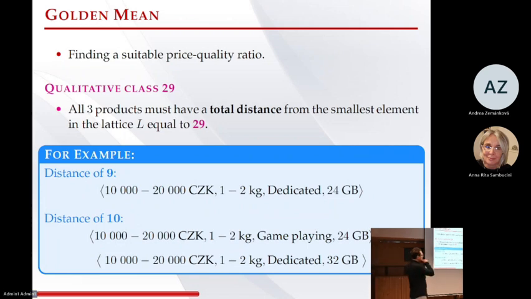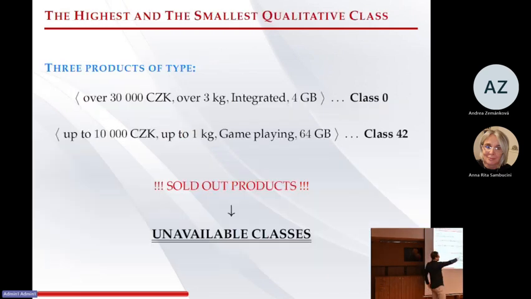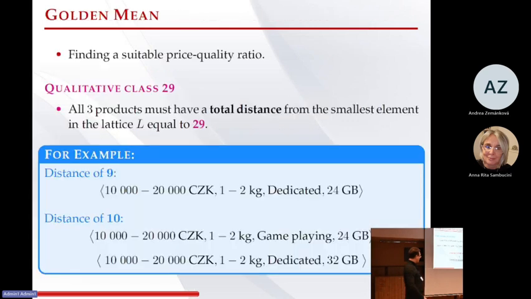Now we want to agree with the seller on the so-called golden mean. So this is a qualitative class between 0 and 42, which is good for us and good for the seller. For example, 29.